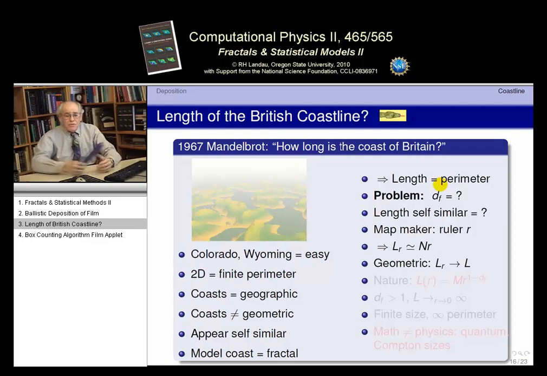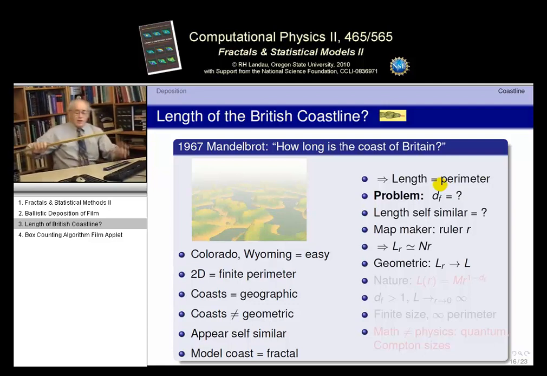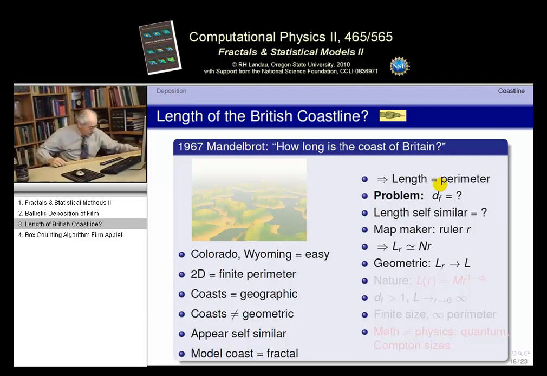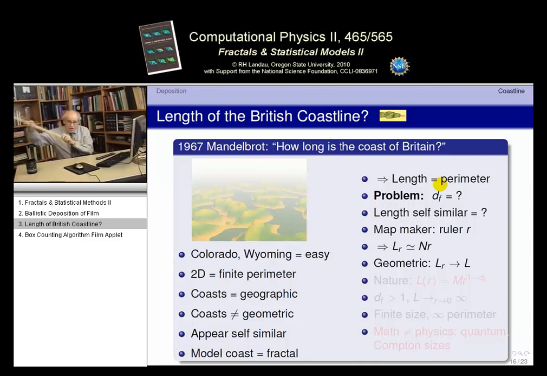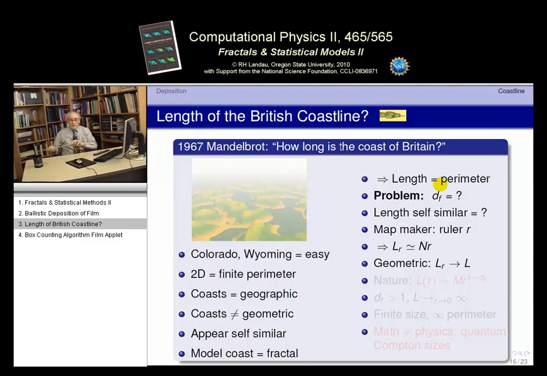Well, if you were a map maker, imagine yourself walking along the coast of England, and what you would do would be, first you'd walk along, say, with a meter stick, put it down here, put it down there, put it down over there, all around, and you measure how many times you have to put down your meter stick, okay? And then you say the length of the coastline, L, is just n, the number of times I put down my ruler, times the length of my ruler. Fine.